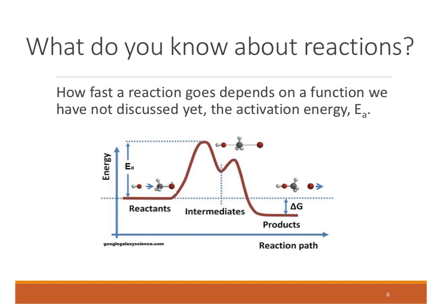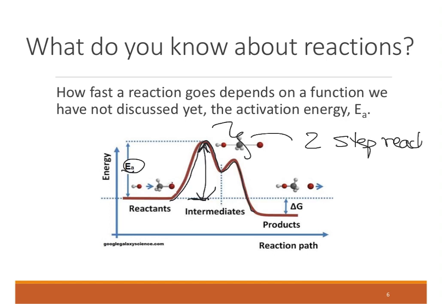All right, so activation energy, it is abbreviated capital E sub A. Again, it is the difference in energy between the reactants and the highest energy point of that reaction. This particular energy profile has two humps, and that is because this is a two-step reaction. Every step in an overall reaction has its own activation energy.